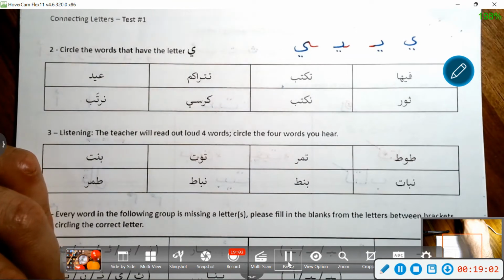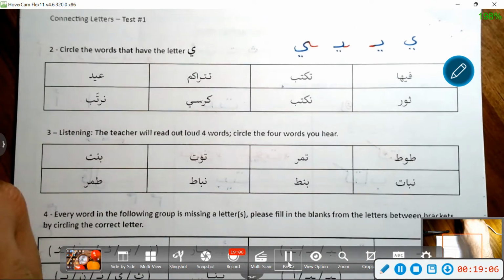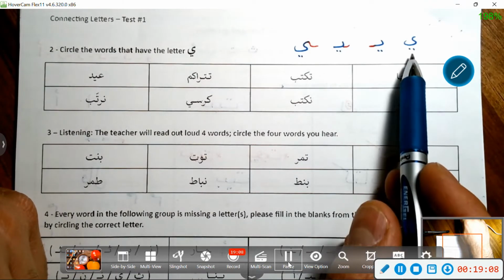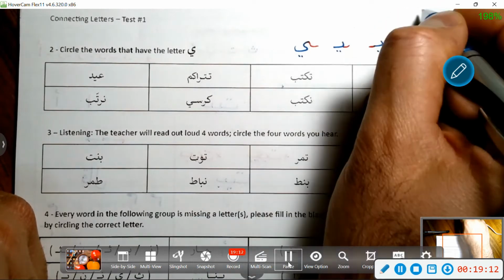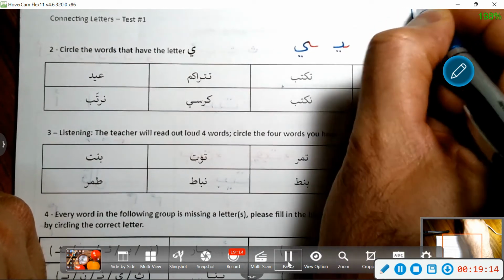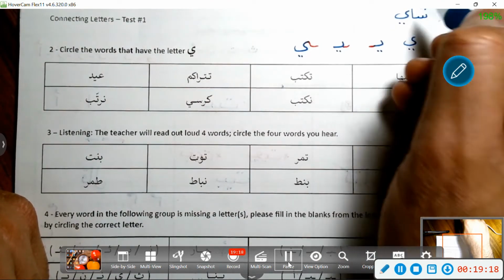Either standing alone, like when we wrote before shy, we wrote it like this, remember? Standing alone. Why? Because it can't connect to Alif. At the beginning, yad, yani hand.